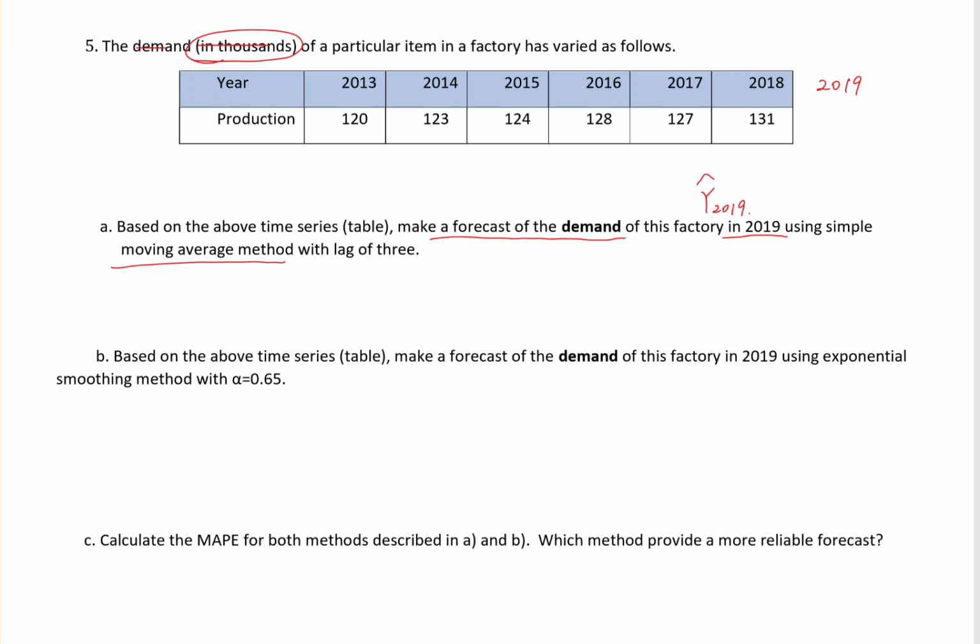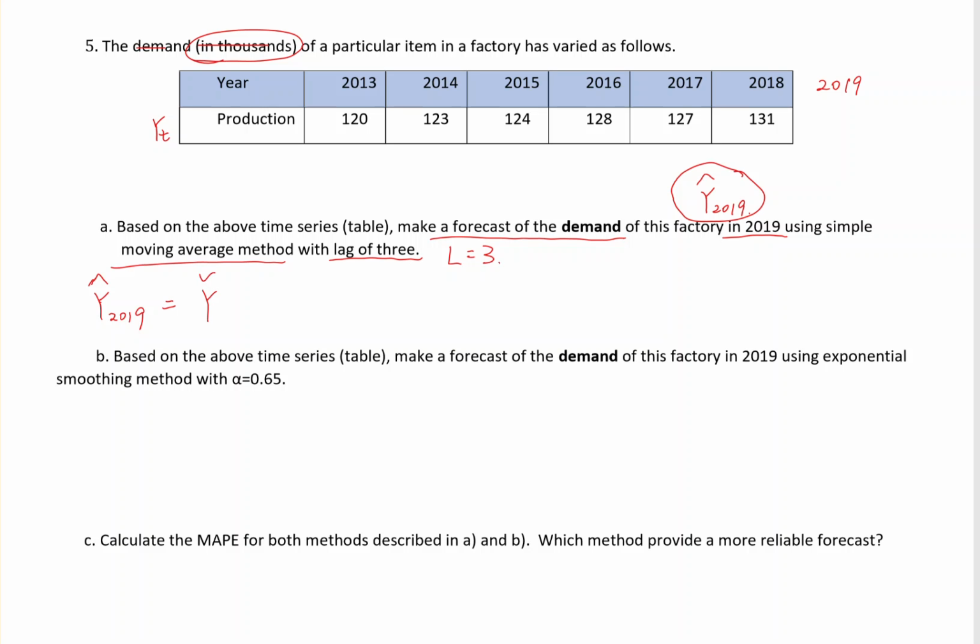If we want to use the simple moving average method, we need to have L. Here the next information we have is lag of 3, which is L equals 3, right? So what does that mean? That means when this is the observed value of y_t, if you want to get the predicted value of 2019, what information do you need?